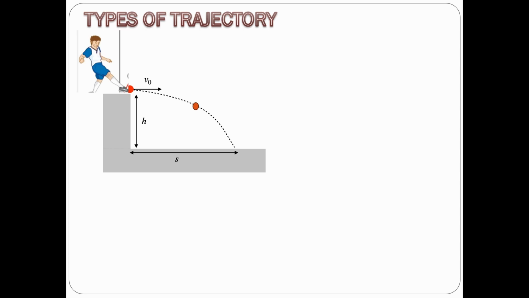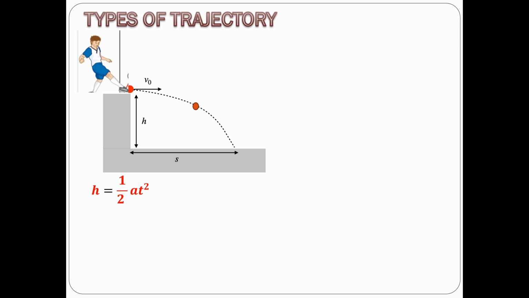So what equations do we need in this situation? The first equation that you need is the equation to solve for h, and this is h is equal to 1/2 times the acceleration times t squared, where h represents the height of the cliff or building, and t is the time it takes to hit the ground.